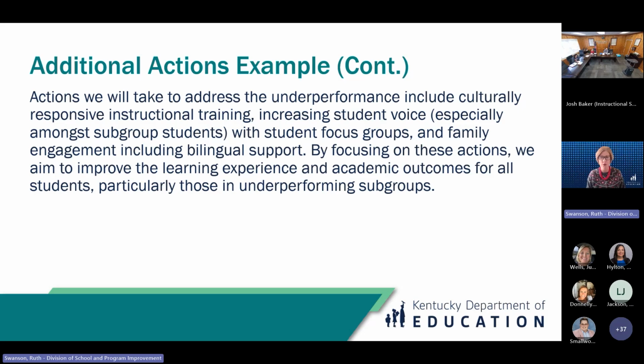They're going to do that with student focus groups and family engagement, and they say that by focusing on these actions, they aim to improve the learning experience and the academic outcomes for all students, particularly those in the underperforming subgroups. So again, these additional actions that they've determined will show up as strategies and activities in their CSIP, as well as in the response on the addendum.